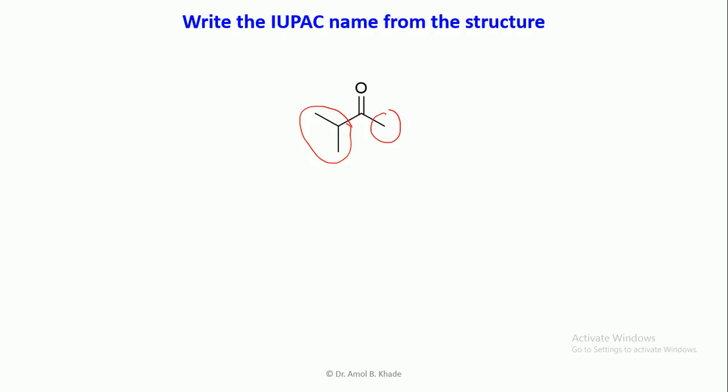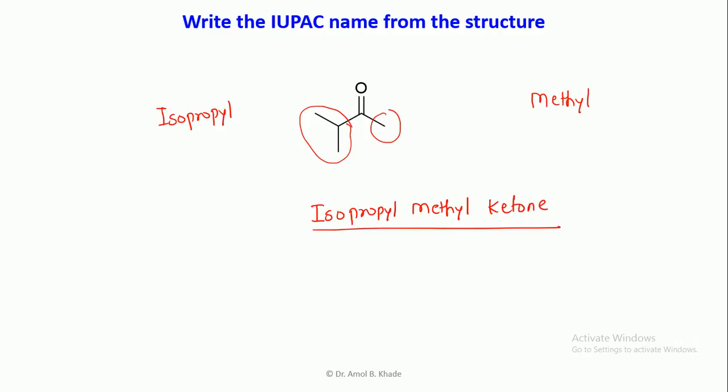On one side you have methyl and on this side you have, which one is it? It is an isopropyl. So you can arrange them in alphabetical order and then name this compound. It will be isopropyl, then give the space, then write methyl, and then ketone. Correct? So this is also possible. Isopropyl methyl ketone will be the name for this structure.